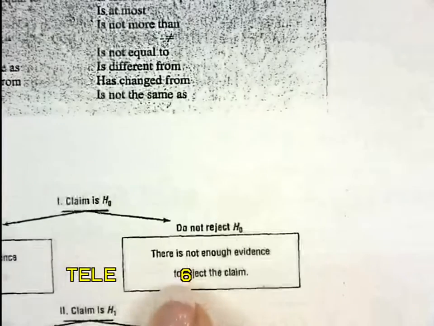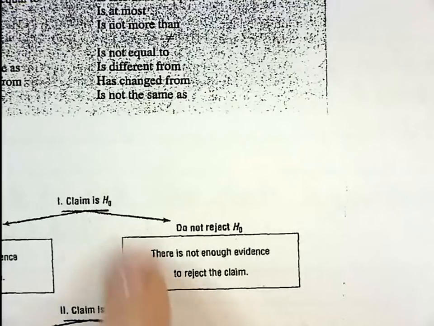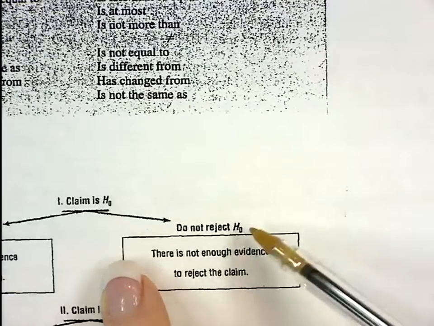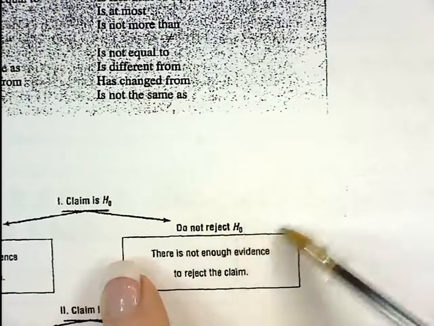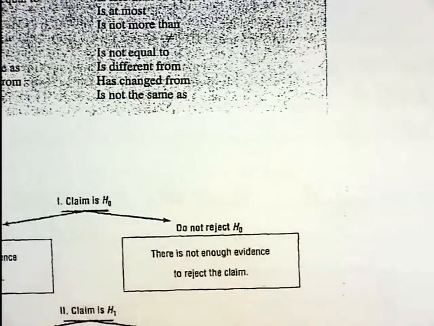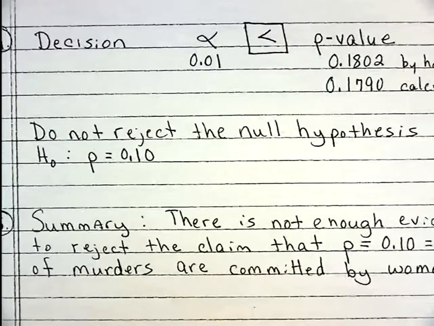So there is not enough evidence to reject the claim that 10% of murders are committed by women. The possibility of mistake here is beta, a type 2 error. Not rejecting the null when it could be false is a possibility of a mistake. And here's the summary. There's not enough evidence to reject the claim that 10% of murders are committed by women.